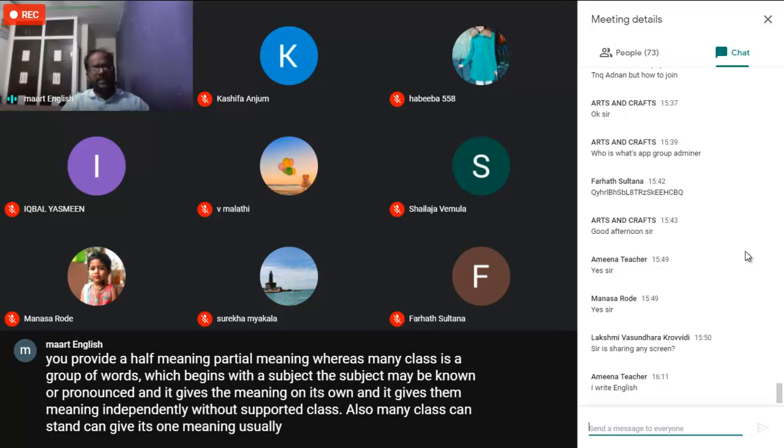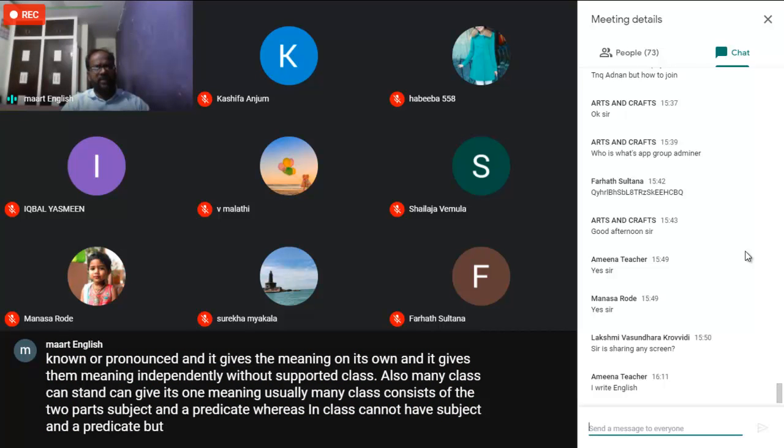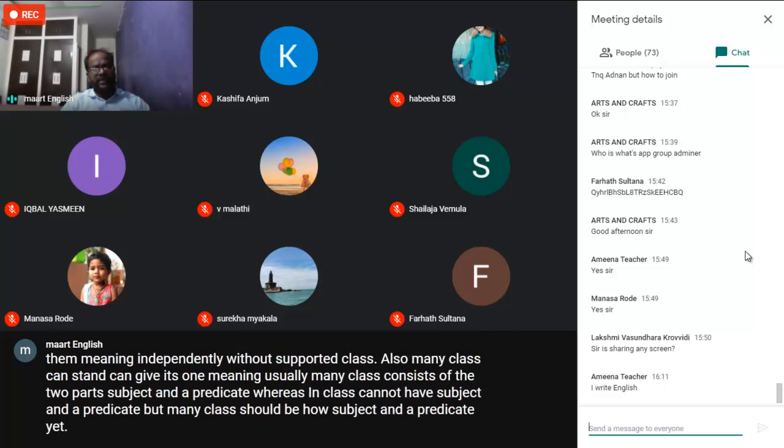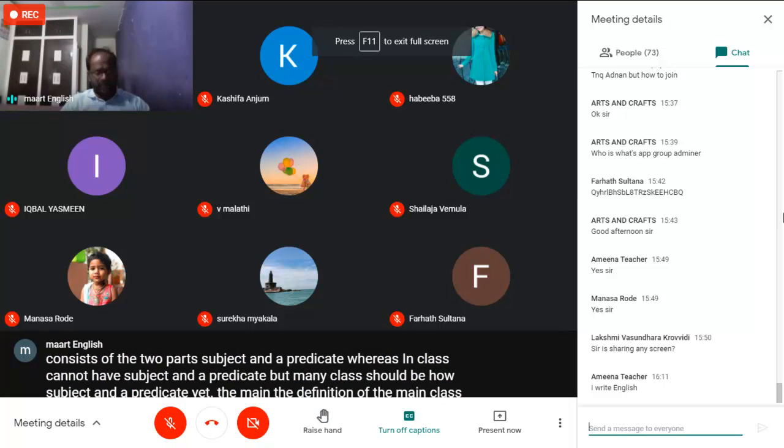Usually, main clause consists of two parts, subject and a predicate, whereas subordinate clause cannot have a subject and a predicate, but main clause should have subject and a predicate. The definition of the main clause itself: a sentence or part of a sentence which consists of a subject and a predicate, then only it is called main clause.